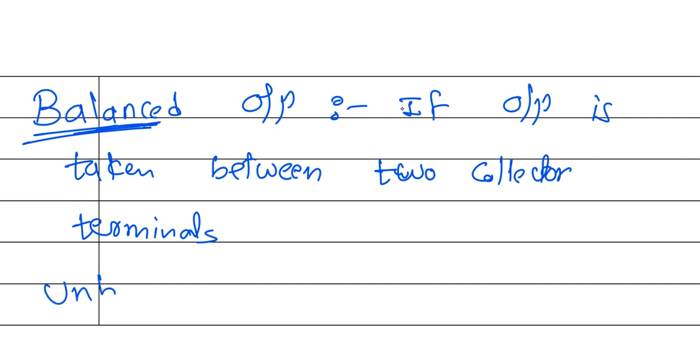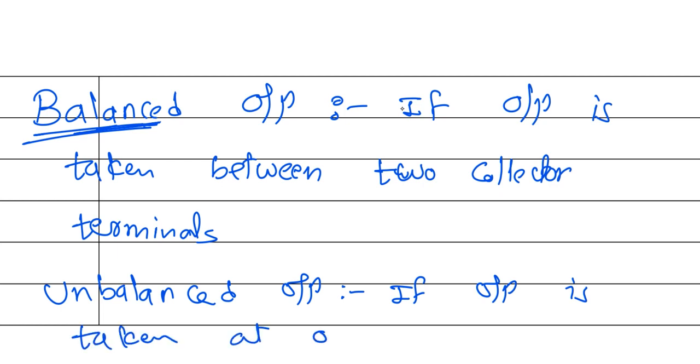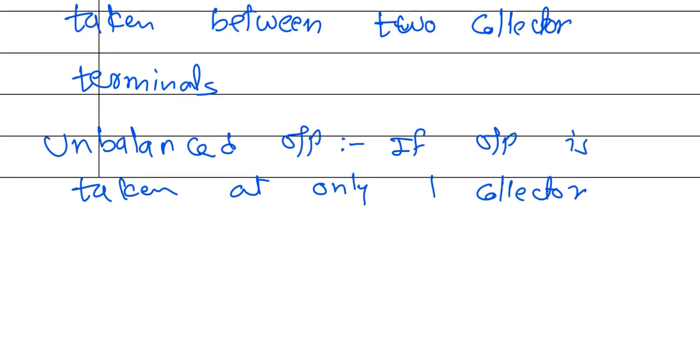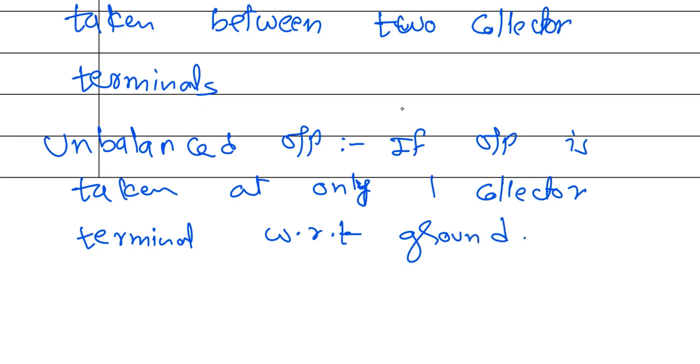Then what is the meaning of unbalanced output? If output is taken at only one collector terminal with respect to ground. We are not taking output at the two collector terminals, just at one collector terminal with respect to ground, then it is called unbalanced output.